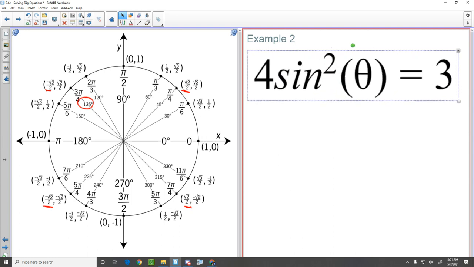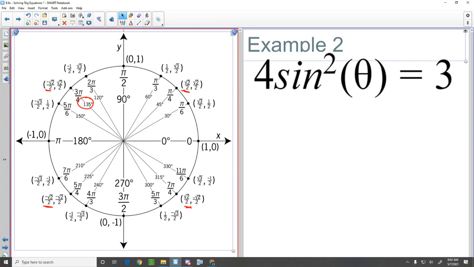Example 2. 4 times the sine squared of theta equals 3. If you can't see, this just says example 2. I'll make that bigger for you. All right, try this on your own.